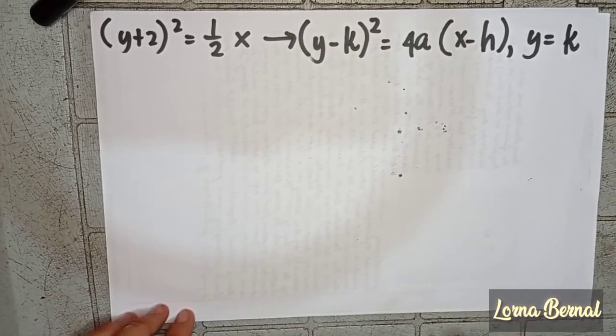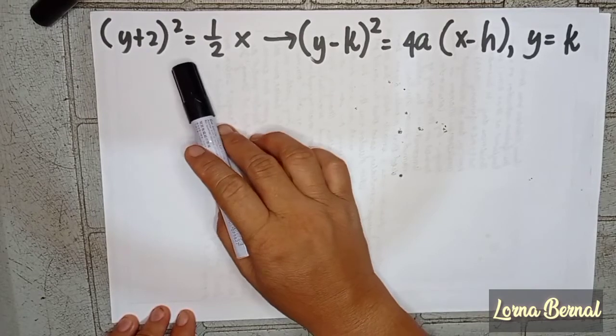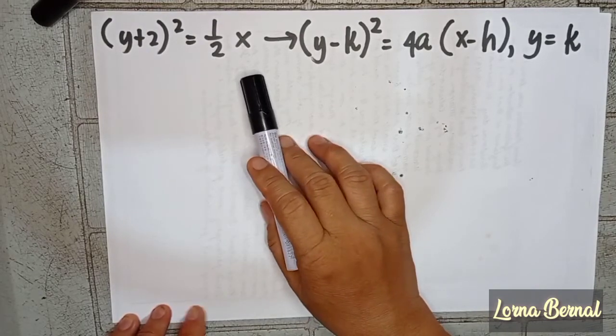We have quantity y plus 2 squared equals 1/2 x.